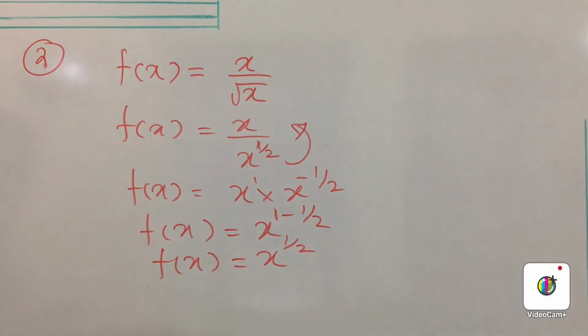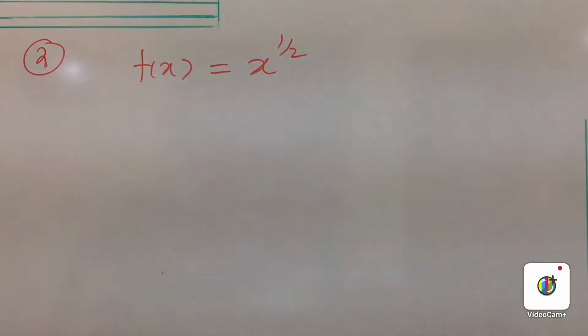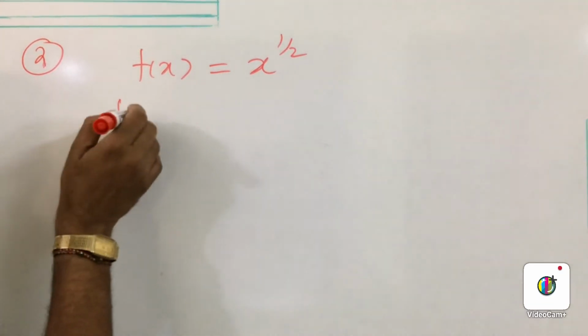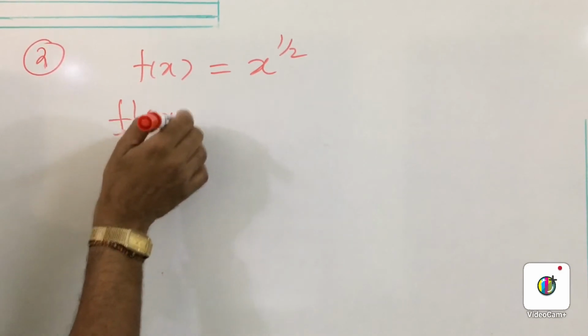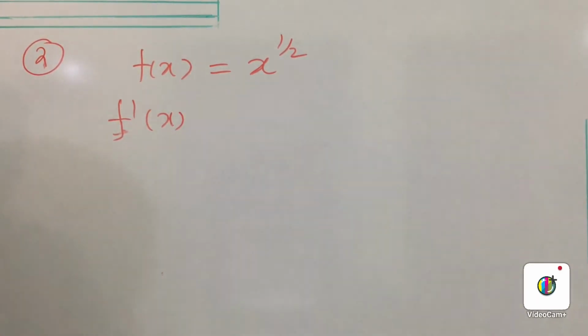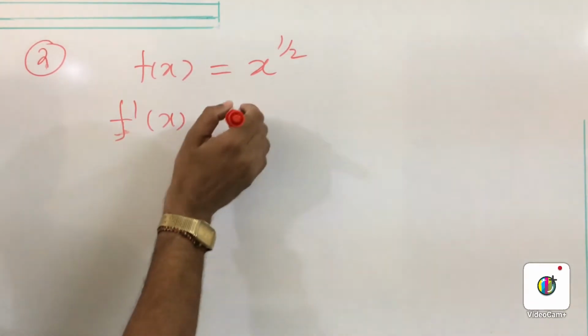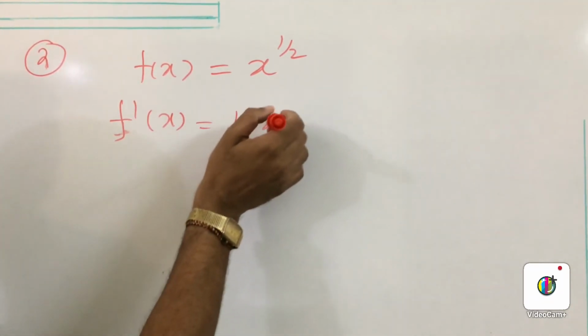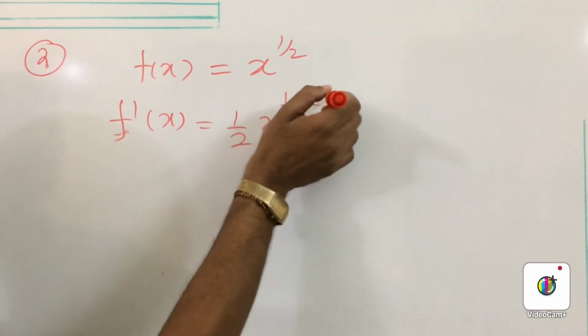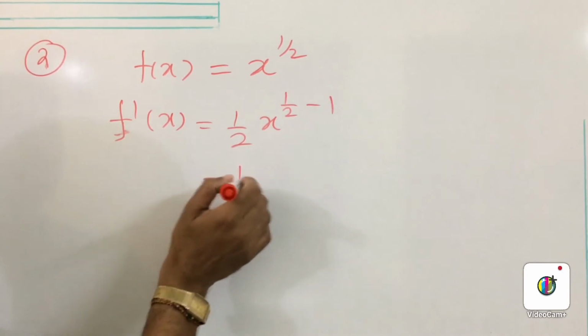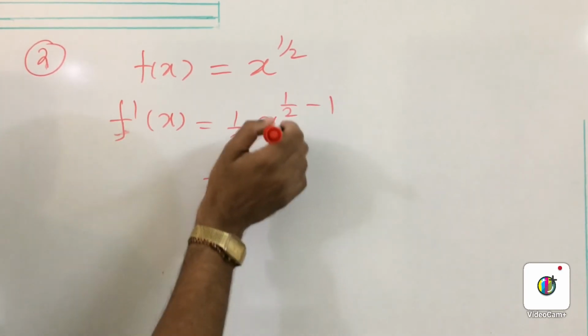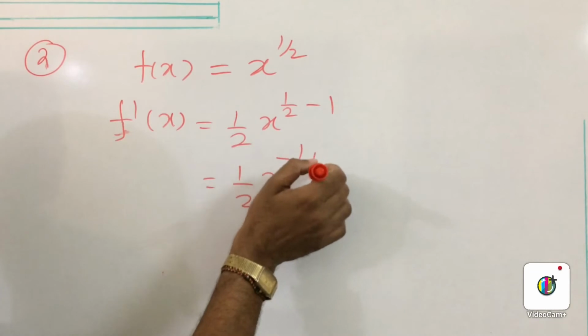Now you can differentiate f(x) = x to the power half. Write f dash x, differentiating with respect to x: take this half in front, therefore half x to the power half minus 1, that is half x to the power minus half.